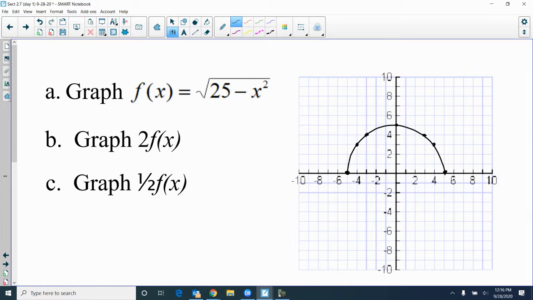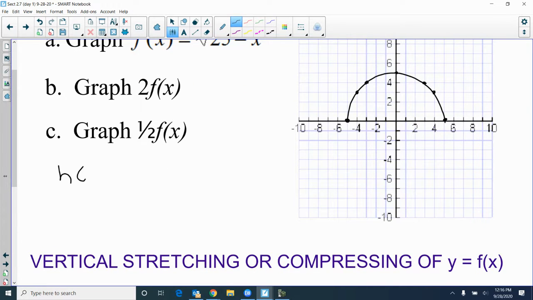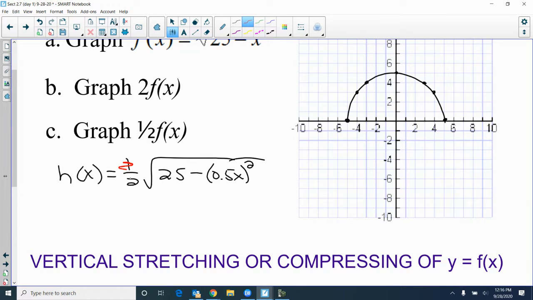Right. And one other little thing on there, I made a mistake. If you look below there, not on that line, but below it for h of x, does it say 1/2 square root of 25 minus 0.5 x squared? Do you see where that is? Yeah. All right, the 1/2 out in front shouldn't be there. I screwed up.